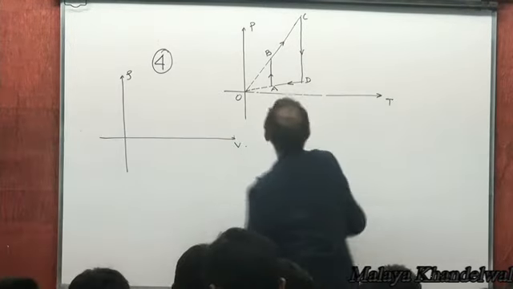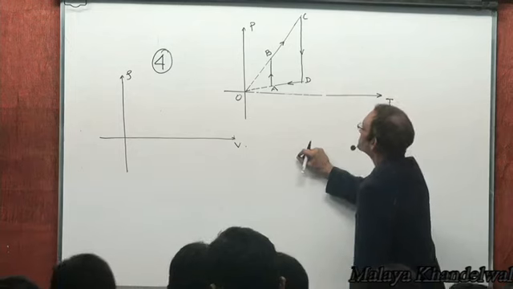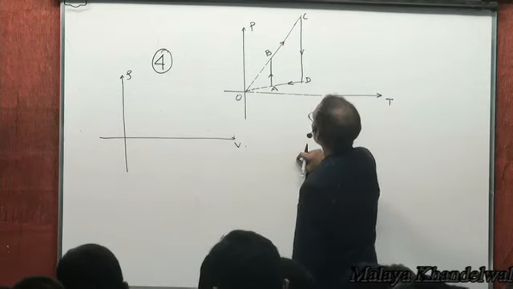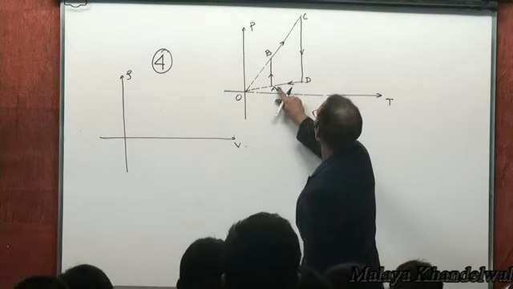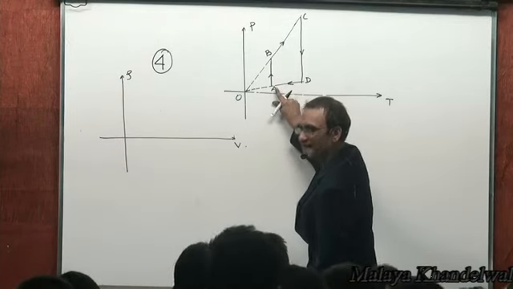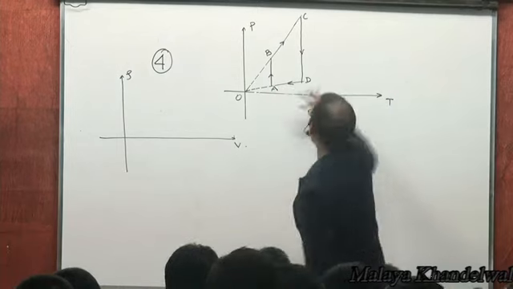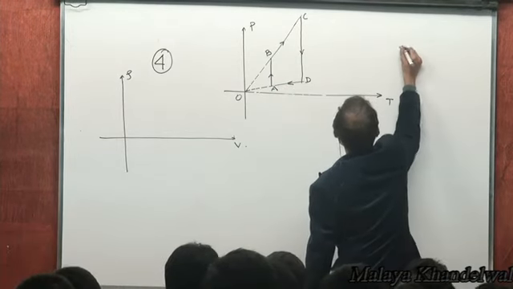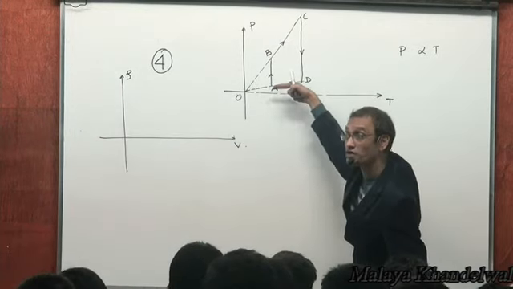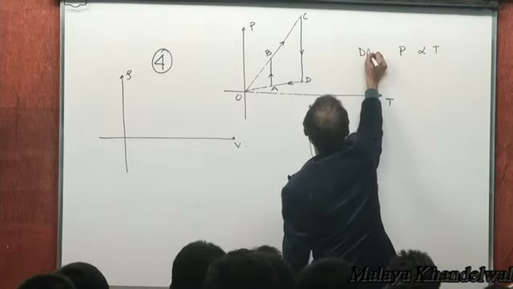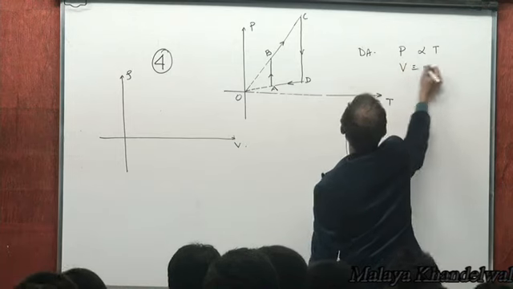Now, see, D and A. When you go from D to A, P turns out to be proportional to temperature. P versus T is a straight line passing through the origin. So D to A, this happens, and therefore V must be constant.